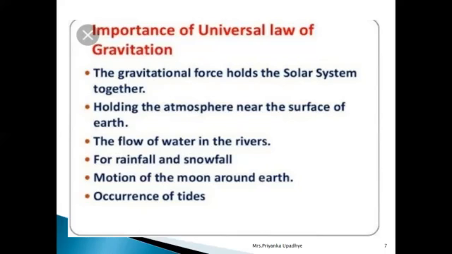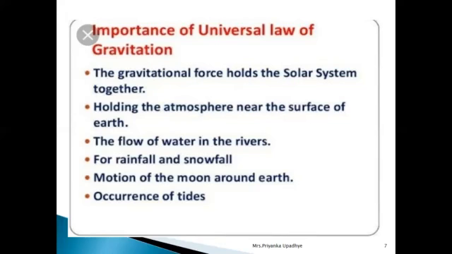Motion of the moon around the earth. There is a gravitational force between the earth and the moon. That is the reason the moon rotates around the earth. Also, there is the occurrence of tides in oceans. This is also due to gravitational force.